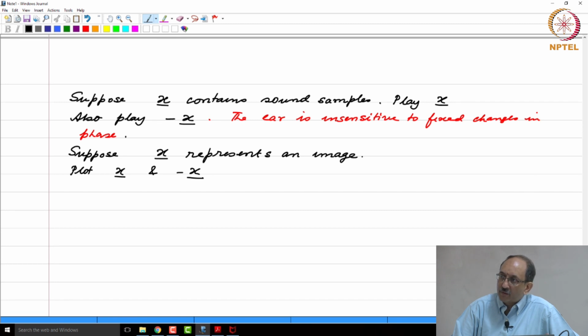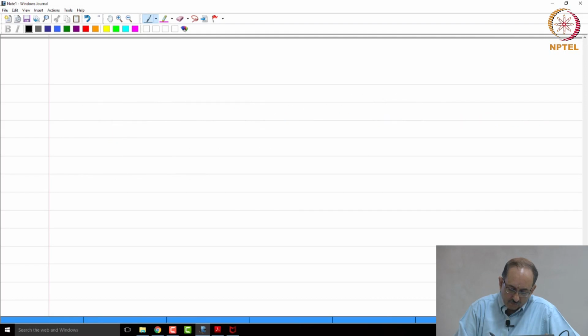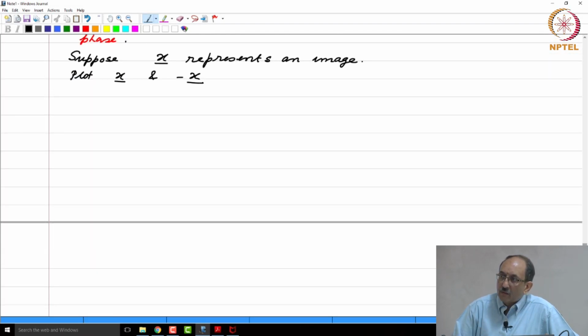Hence in image processing you will always work with linear phase filters, and filters in image processing are 2D filters, and now we can quickly get a feel for what this is.